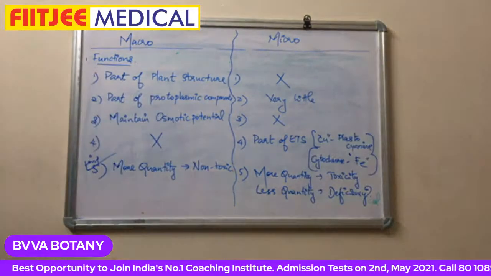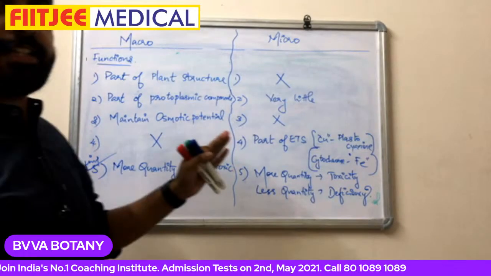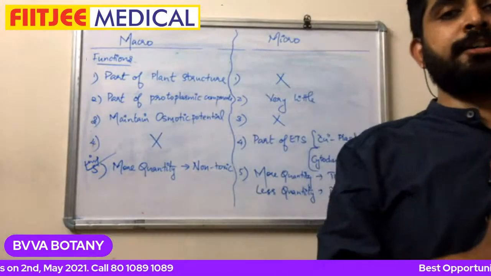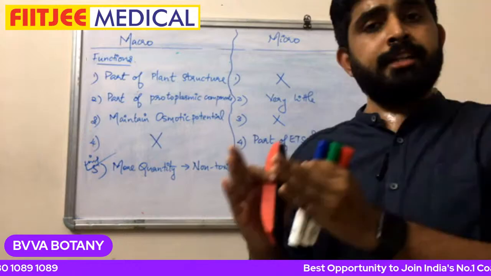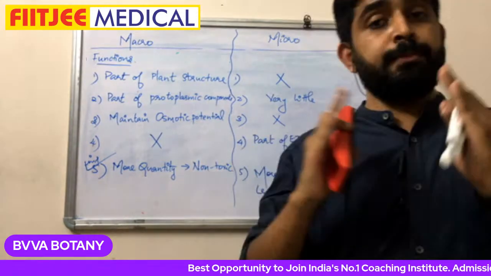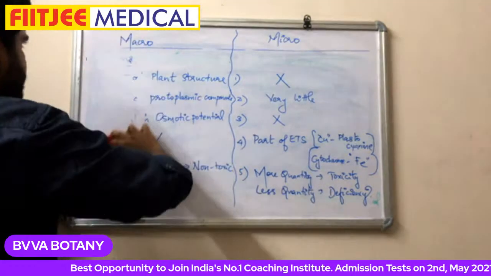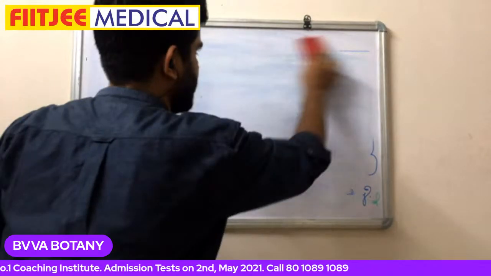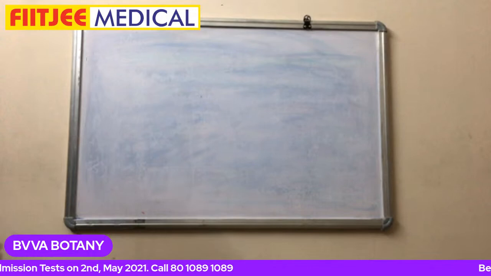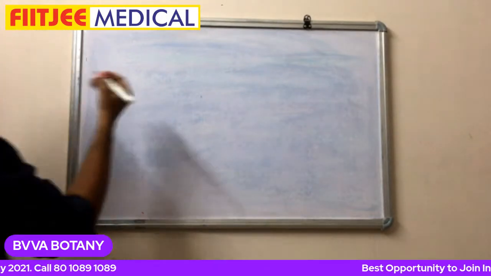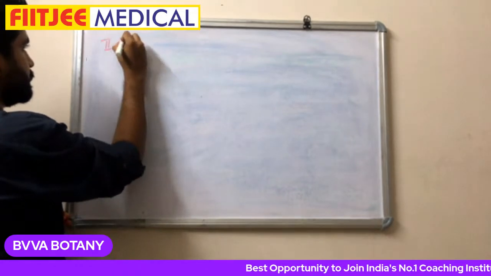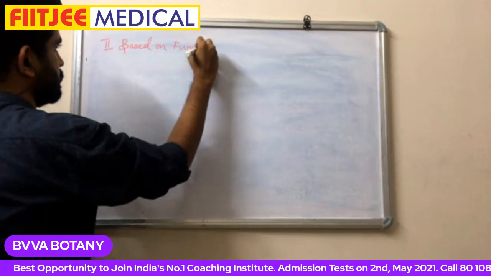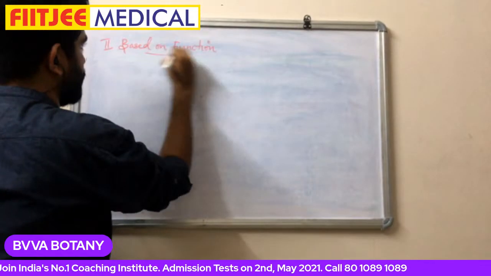Now, the classification I taught was purely based on quantity: macro, large quantity required, and micro, small quantity required. Now, just briefly, because NCERT has a mention of it, we have the criteria based on function.